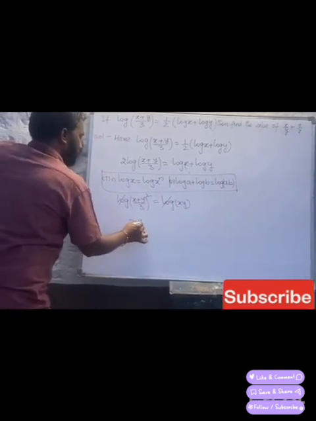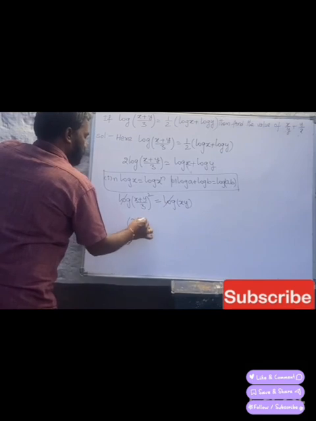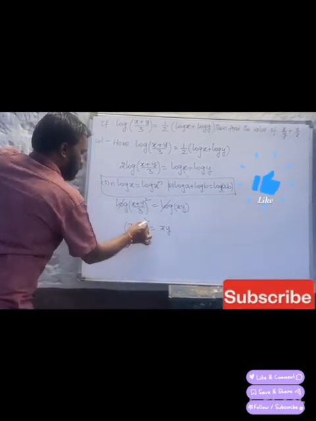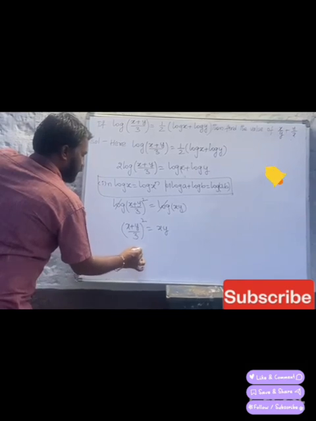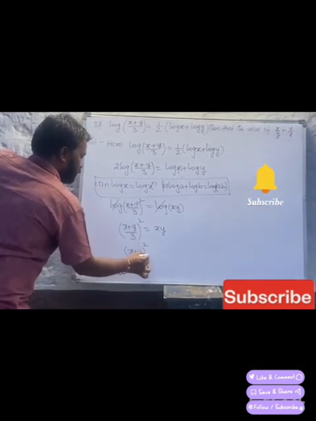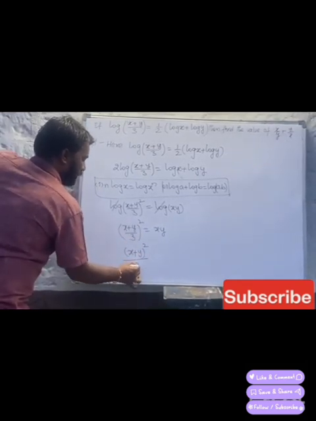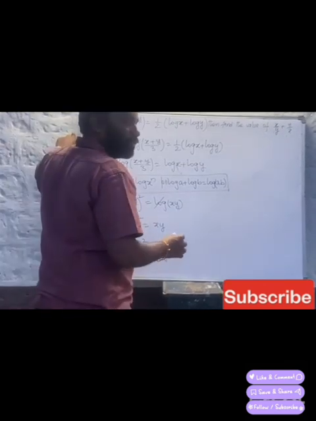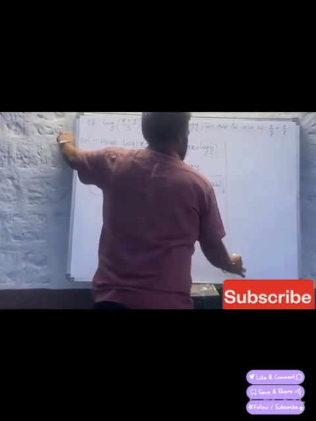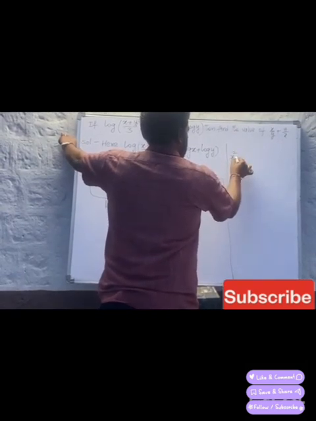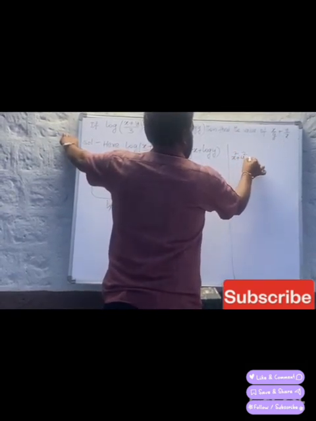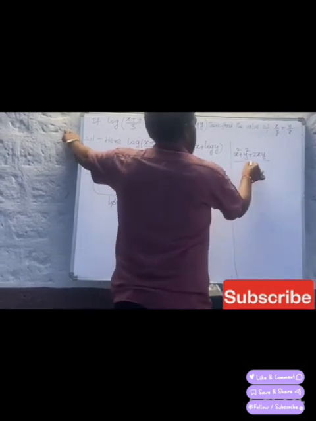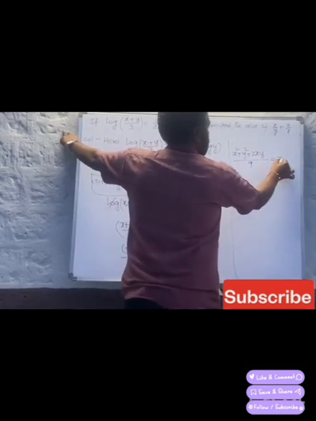X plus y by 3 whole square is equal to xy. So the square can be written for numerator and for denominator. X plus y whole square by 3 square is equal to xy. X plus y whole square expansion: x square plus y square plus 2xy by 3 square, value 9, is equal to xy.